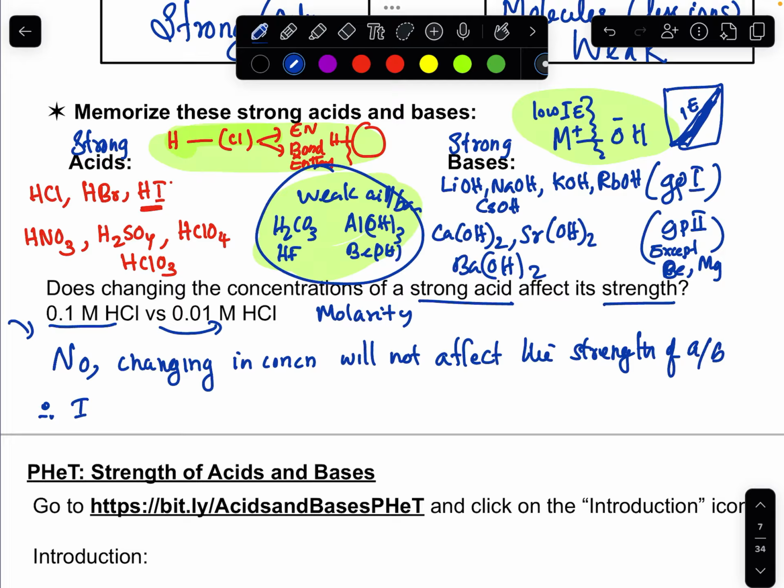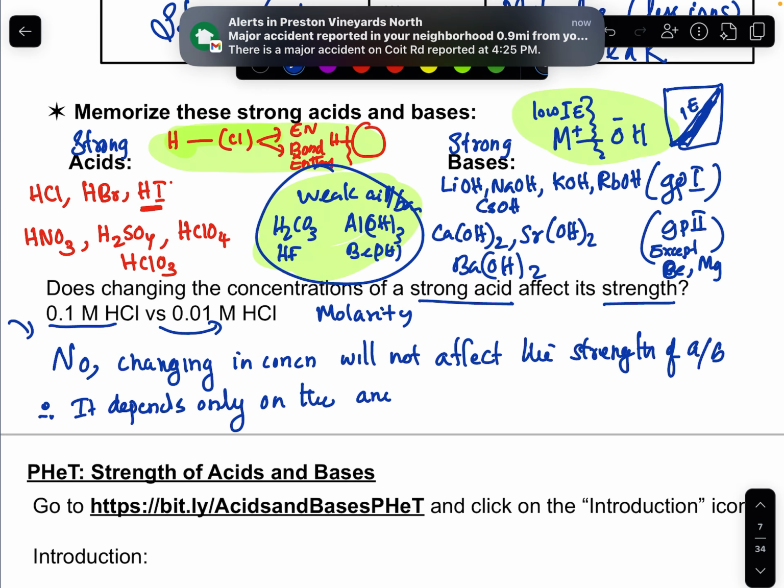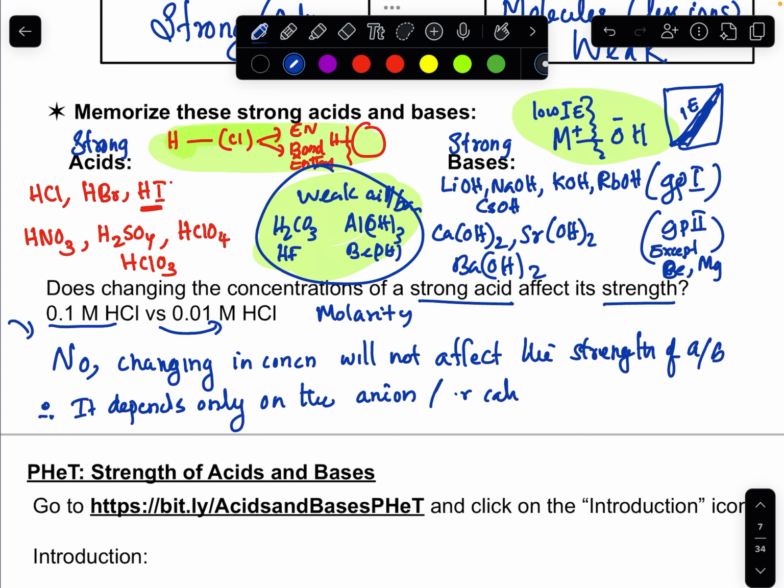Reason: it depends only on the anion part or cation part of acids and bases, or their electronegativity, ionization energy, size, etc.